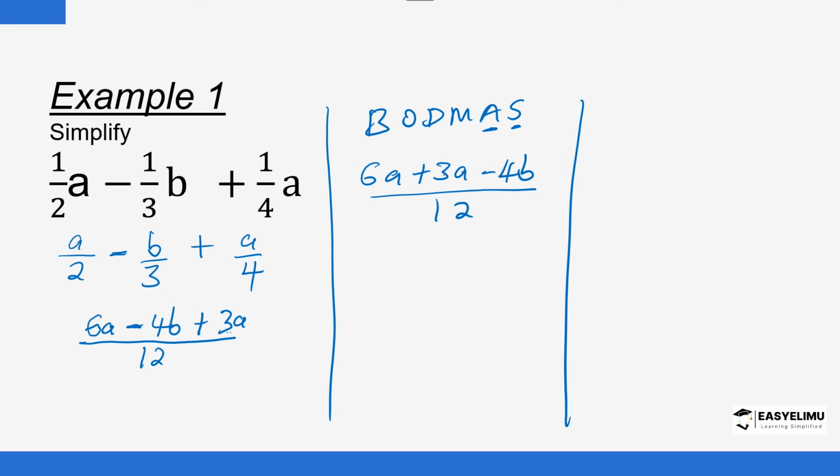So this one here, they are like terms. So we are also putting the like terms together, so that we have 6a, you add to 3a, that is 9a, and from 9a you subtract 4b, and the answer is divided by 12. So there are now two terms here. These terms are unlike, so you are not able to subtract them.